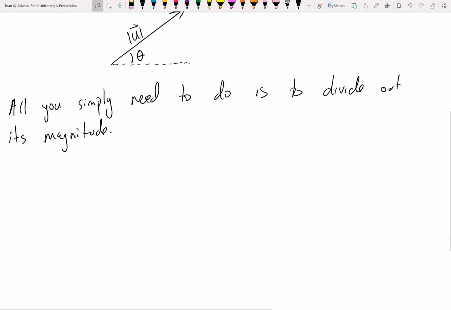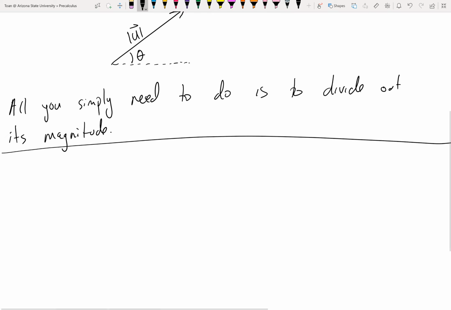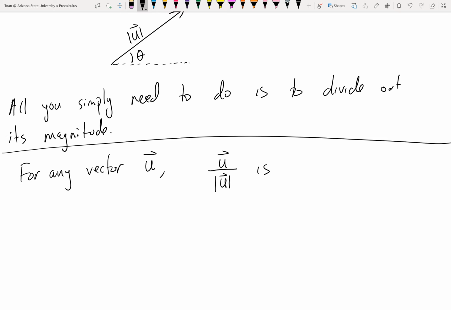Let's formalize that idea. For any vector u, if I take the vector and divide out its magnitude, it is guaranteed to be a unit vector.